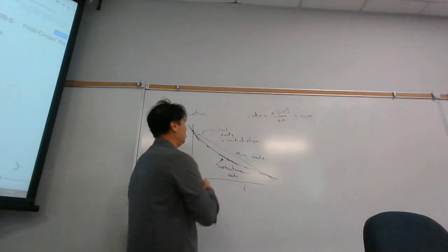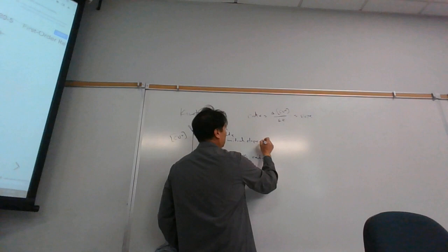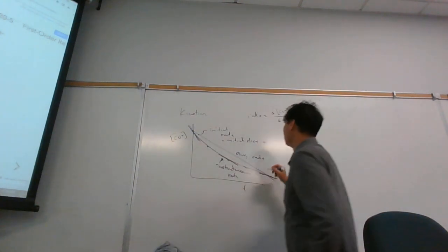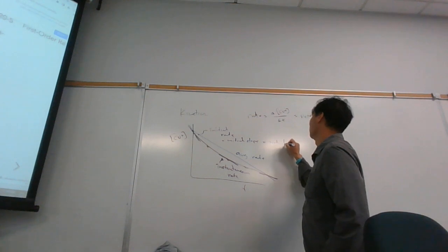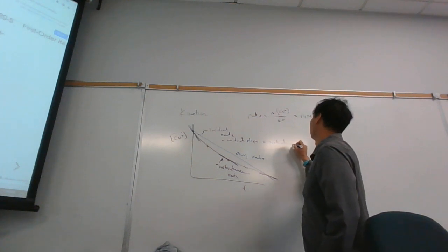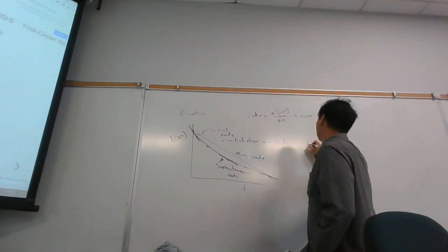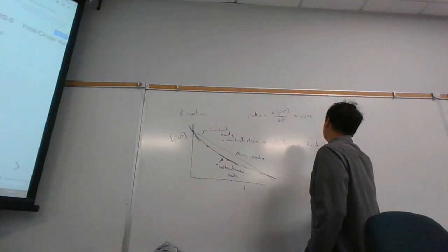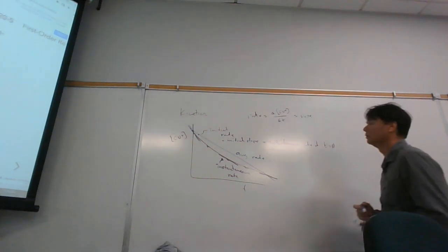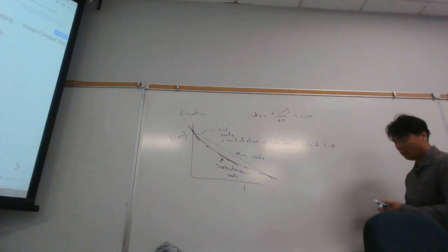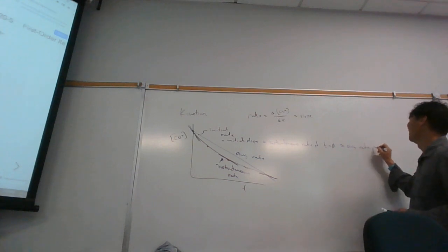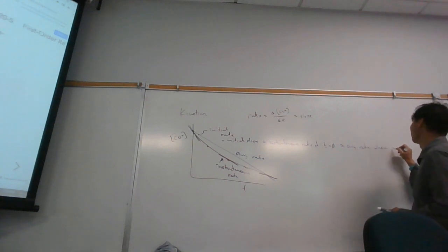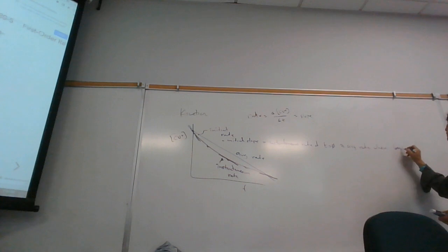And so the initial rate is the instantaneous rate at time 0. And it's going to be approximately equal to the average rate when less than 5% reaction has occurred.